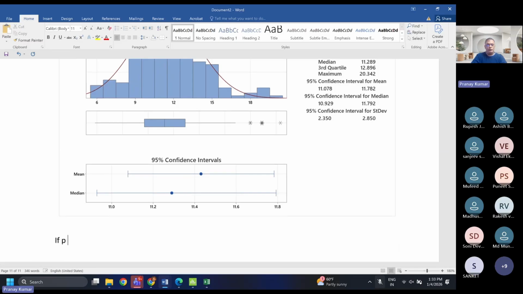If p-value is equal to or greater than 0.05, we conclude that data is normal. If p-value is less than 0.05, we conclude data is non-normal.